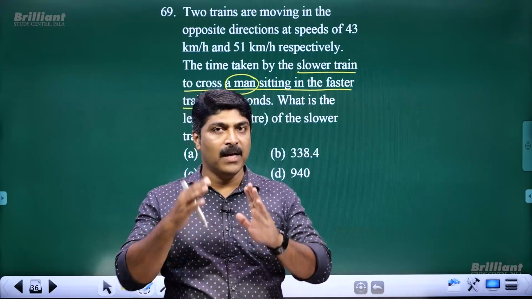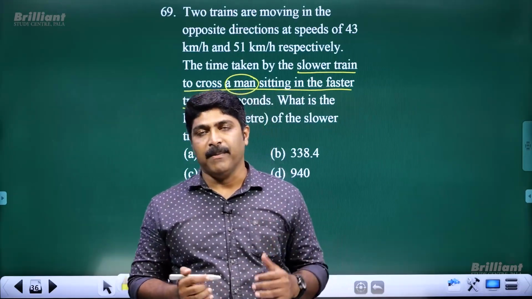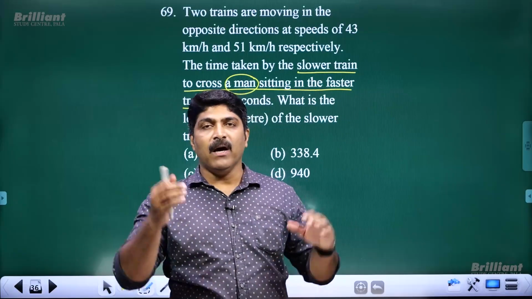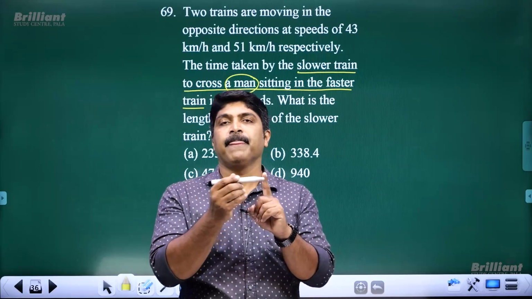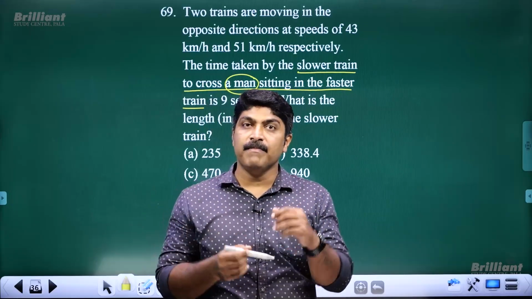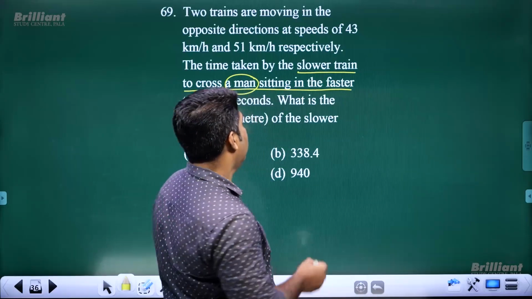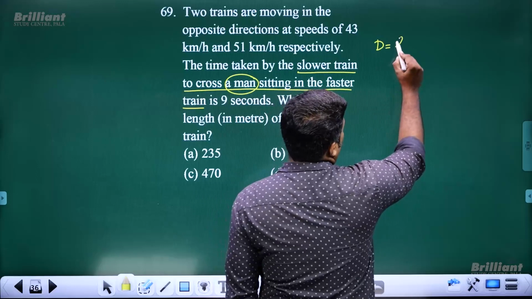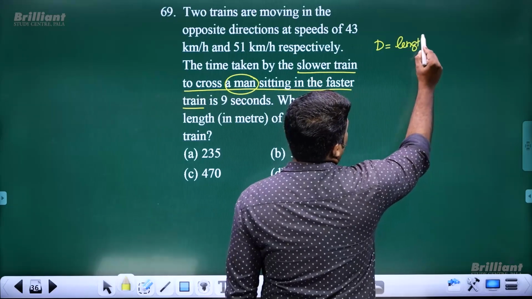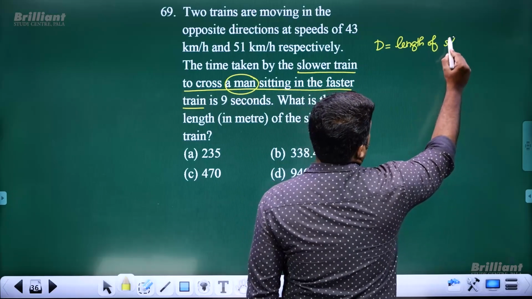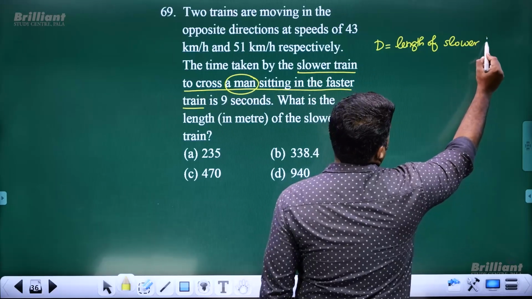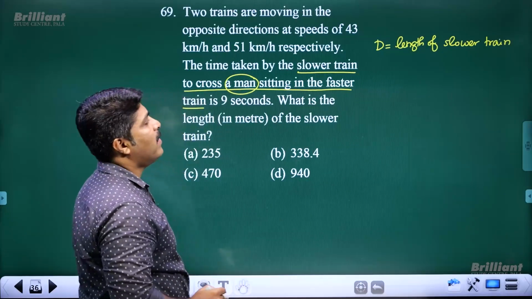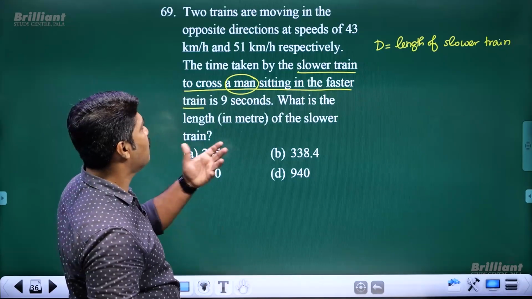We are not going to find such a time requirement. It is crossing a person only. So the length covered is nothing but the length of the slower train itself. Therefore, the distance of this activity is the length of the slower train. Clear? So what we are going to find out is the length of the slower train.